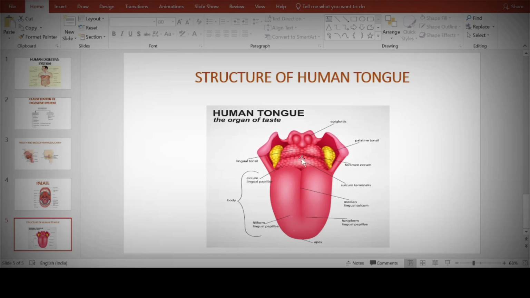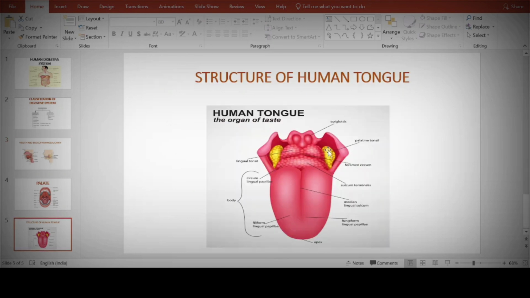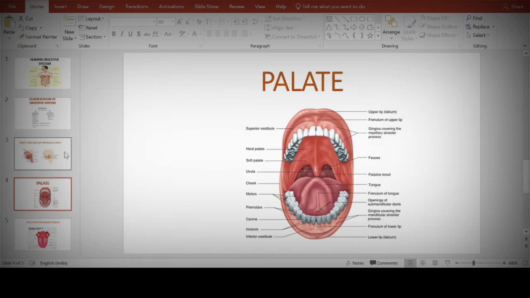This is the frontal part, the apex, and this whole structure from circumvallate papillae to filiform forms the body of the tongue. At the posterior part, you can see the epiglottis, as we had discussed earlier. This is the portion where the tongue terminates.